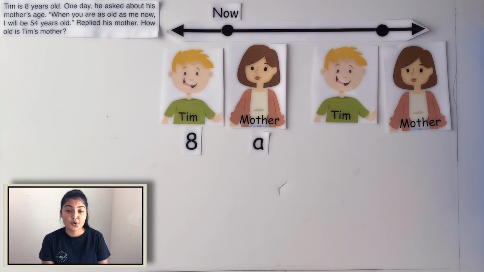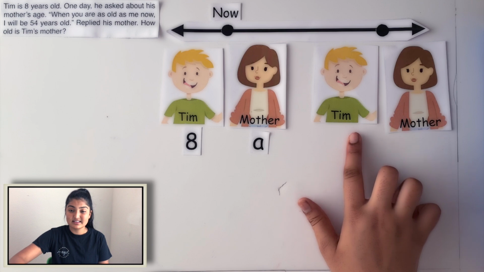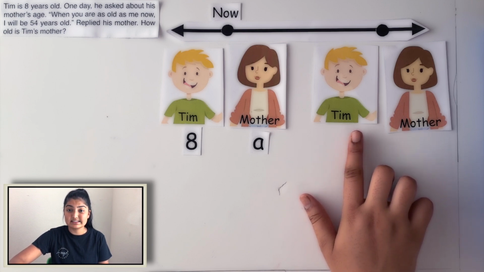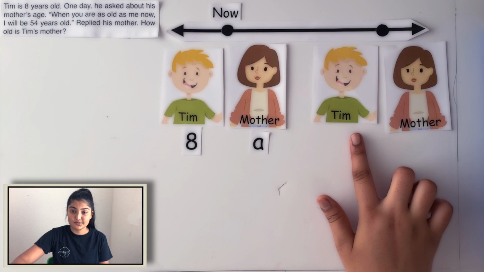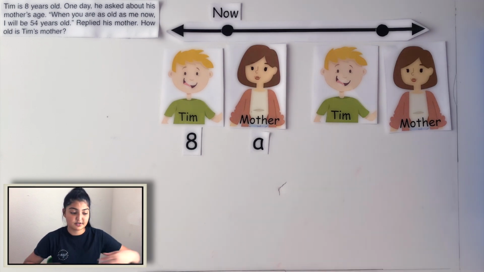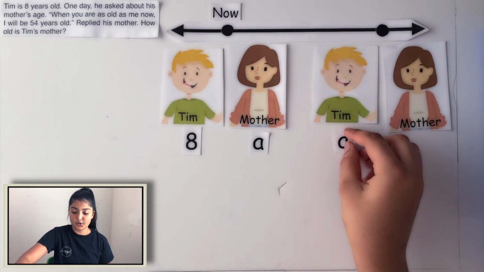Well, when Tim is as old as his mother is now, and since his mother is now A years old, in the future, Tim will also be A years old.